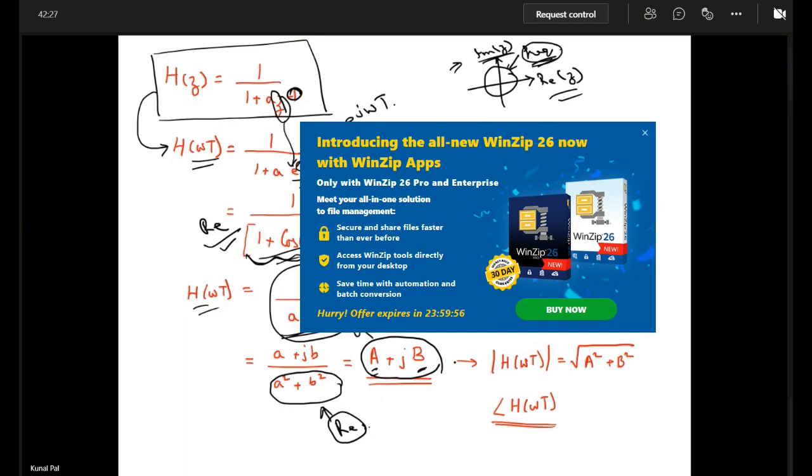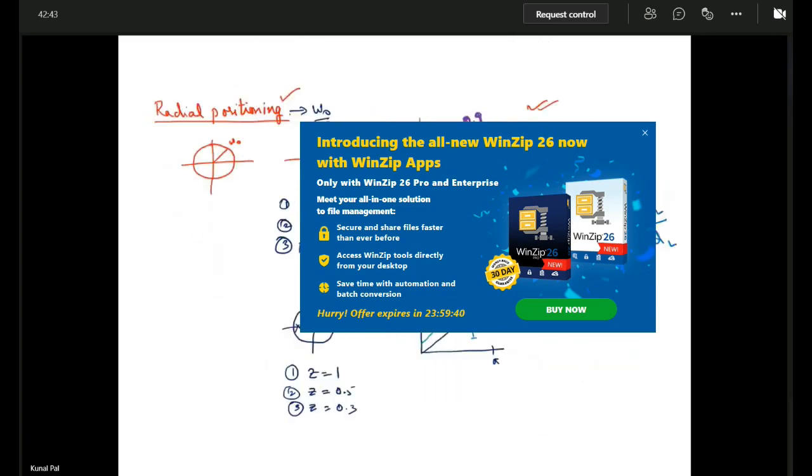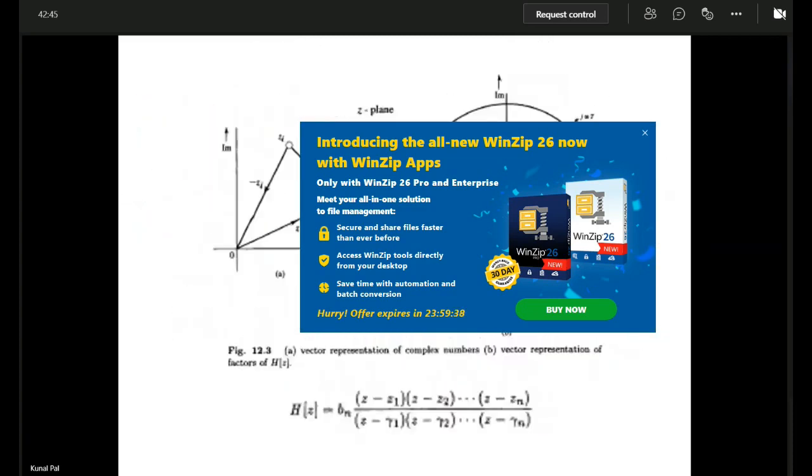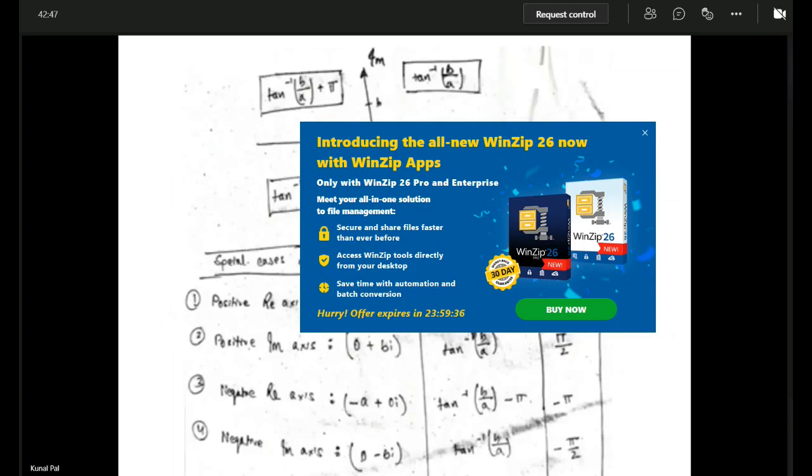From here we can find the modulus of H of omega t as the square root of capital A square plus capital B square, and the phase of H of omega t can be found using the chart which we have discussed previously. If both a and b are positive, it would be tan inverse of b by a.